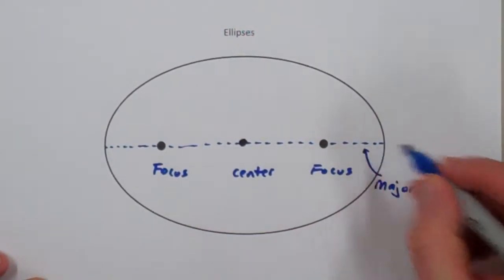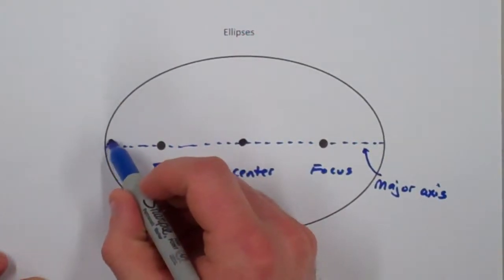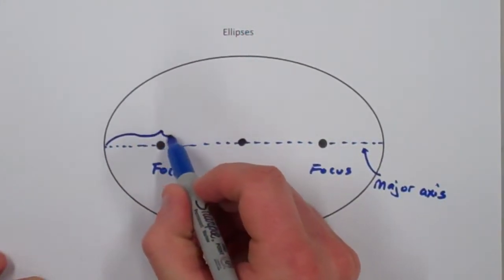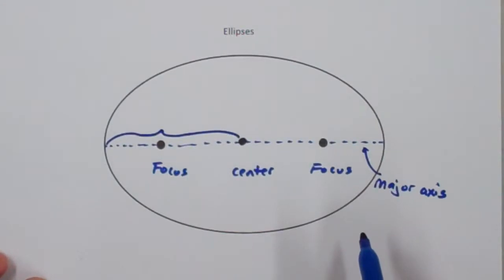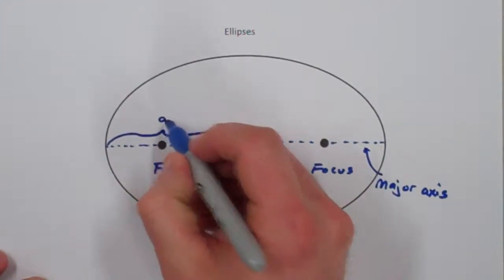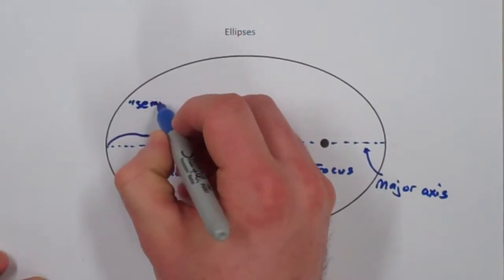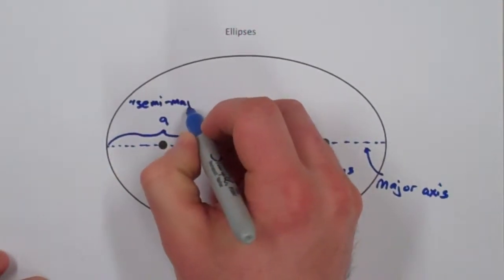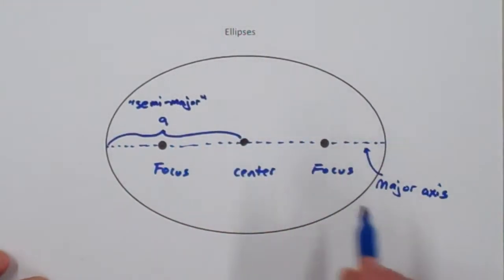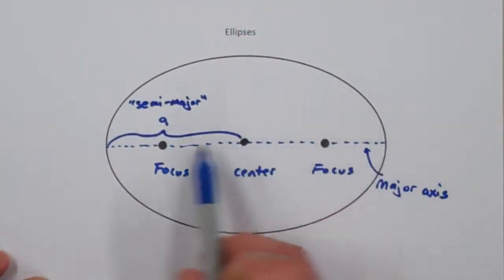So I'll make a mark here, and there is a variable we use to mean half of that, and that variable is a. You might see this worded as the semi-major axis, just because it's half of the entire major axis.